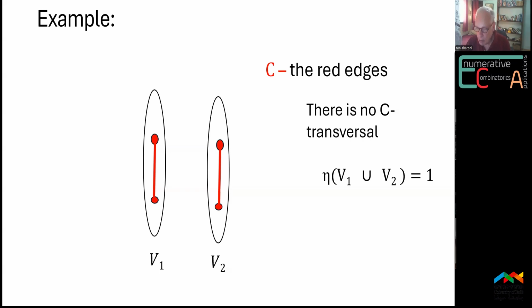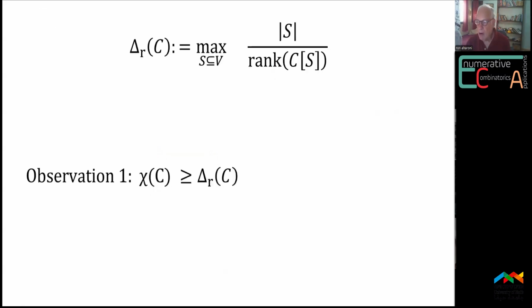So the condition is not valid, so it is not obtained. This is not an if and only if. Topological Hall is not an if and only if. It doesn't mean for sure that there is no C transversal, but in this case, indeed, there is no C transversal.